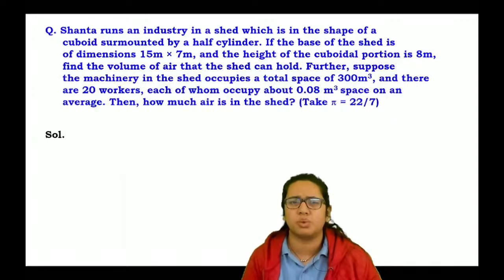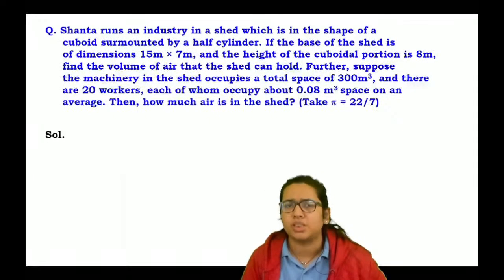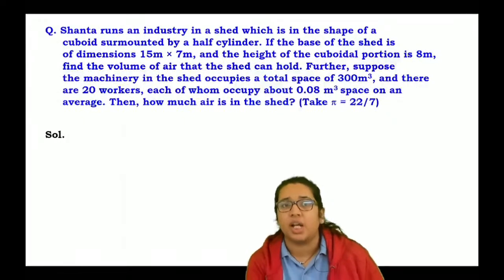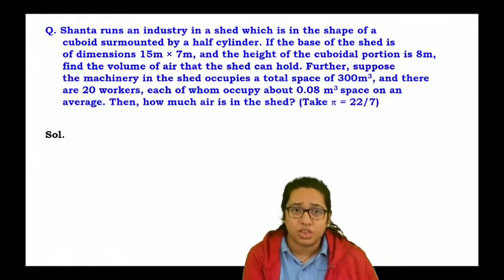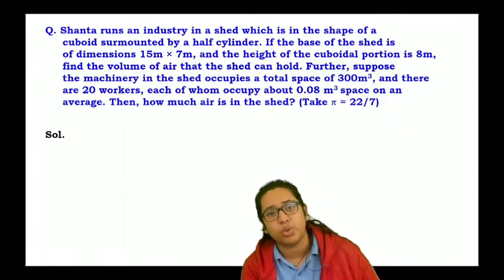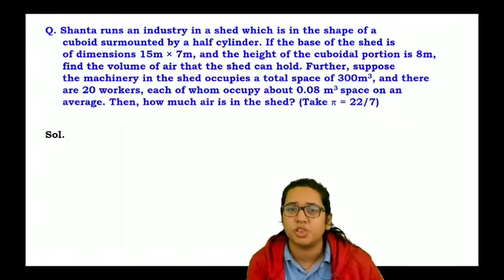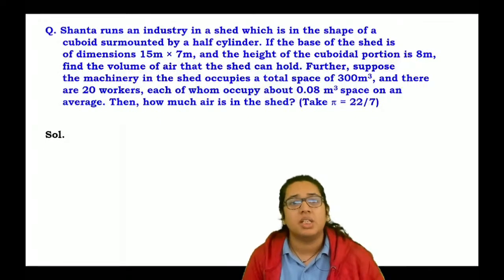Further, suppose the machinery in the shed occupies the total space of 300 meter cube and there are 20 workers, each of whom occupy about 0.08 meter cube space on average, then how much air is in the shed?